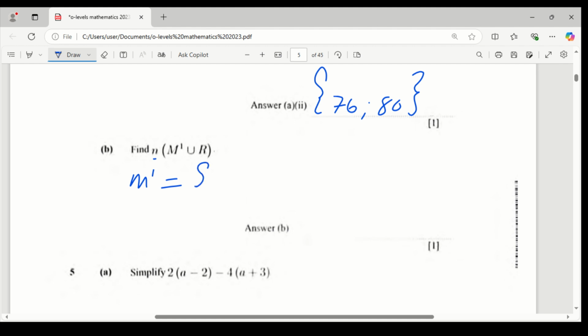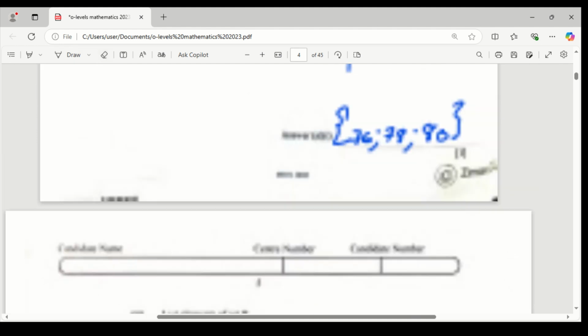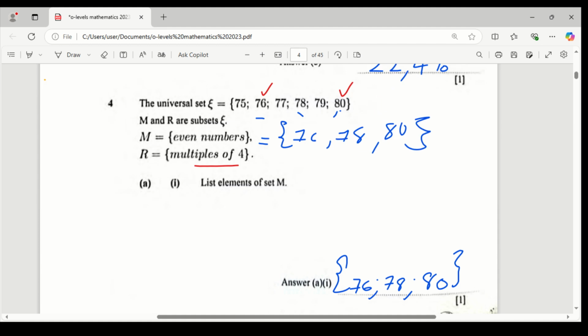From the last part we can see that M comprises of 76, 78 and 80. So the elements that are not found in M are 75, 77 and 79.